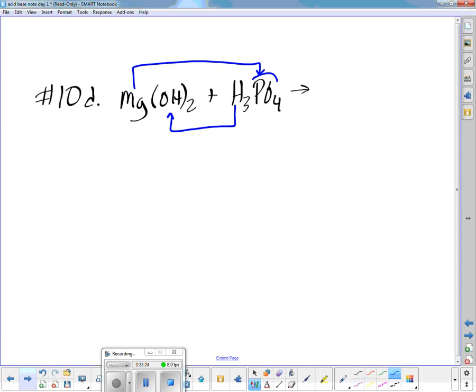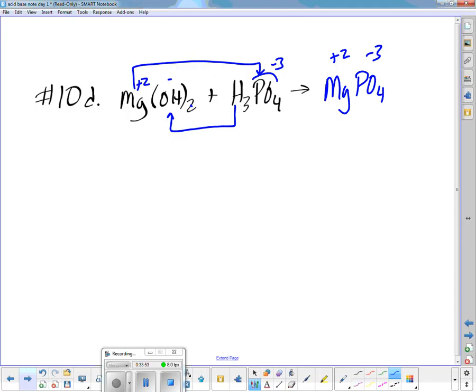Okay, well, magnesium, I know hydroxide is a -1 charge, and there's 2 of them, so magnesium has a +2. Phosphate, there's 3 hydrogens. Hydrogens each have a +1, so that means phosphate's a -3. So if I put magnesium with a +2 and phosphate with a -3, they're not going to add together to equal 0. What do I need to do to fix that so they add together to equal 0?